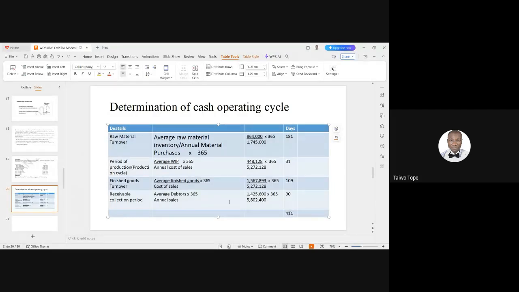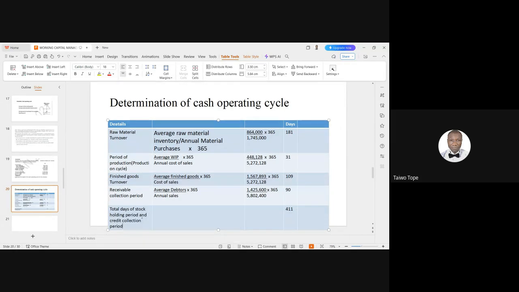We have it as 411, and we can tag it as the total of stock holding period and credit collection period.